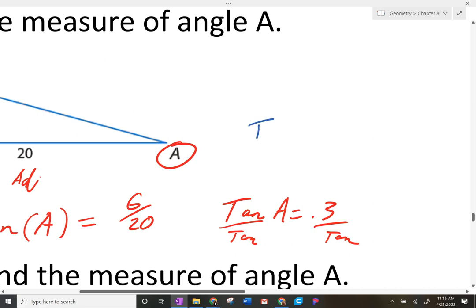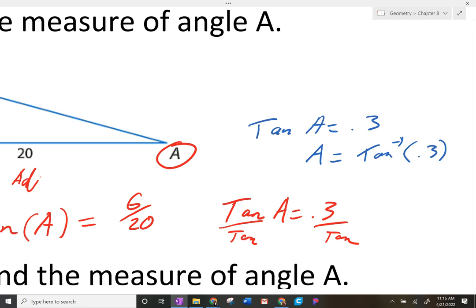When we have something that looks like this, like tangent of A equals 0.3, in our calculator, what we can do is A equals the inverse times 0.3. So the stuff that you all did yesterday, what you had in decimals, you're going to write it as tangent, like the second power or whatever, and then you're going to input that number. So inverse tangent of 0.3.